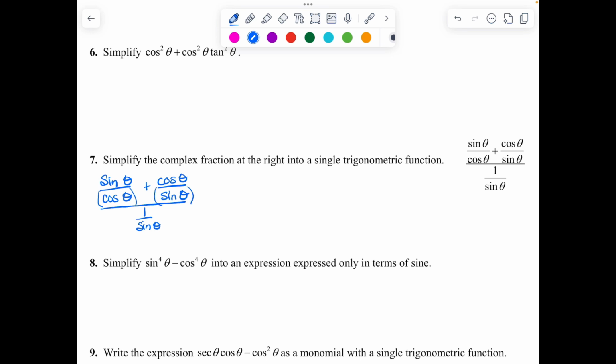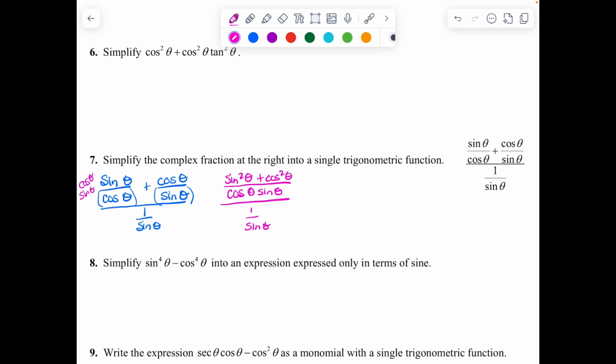So at the bottom we end up with cosine theta sine theta, because we're multiplying those. And on the top we'll have sine squared theta plus cosine squared theta, and all over just the 1 over sine.